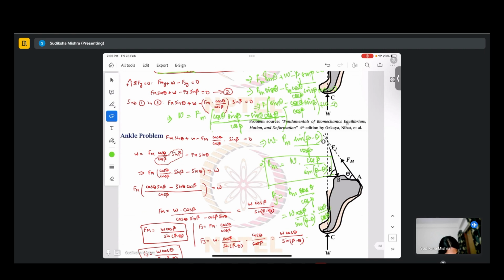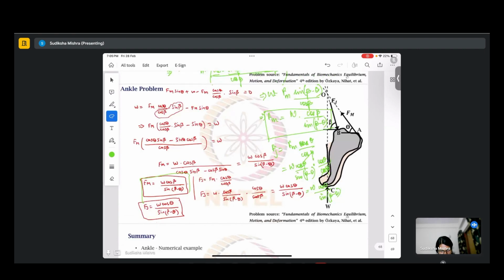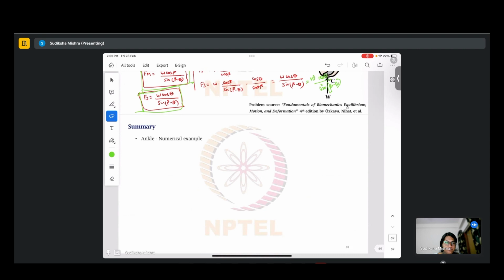You cancel out this, it becomes w cos theta by sin of beta minus theta. So Fm becomes this and Fj becomes this. Okay.